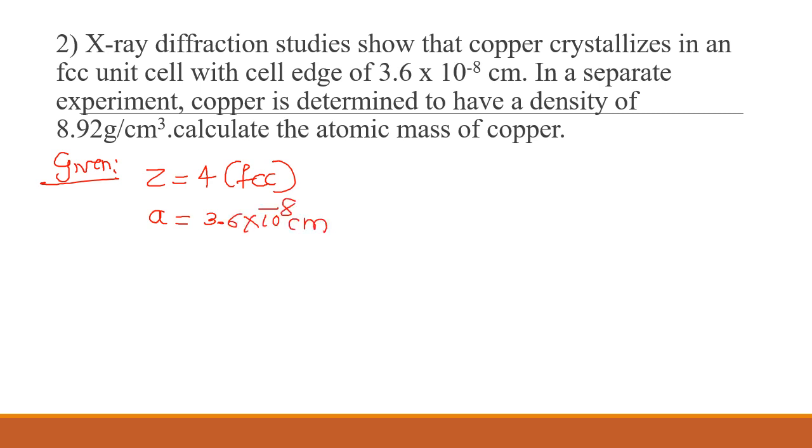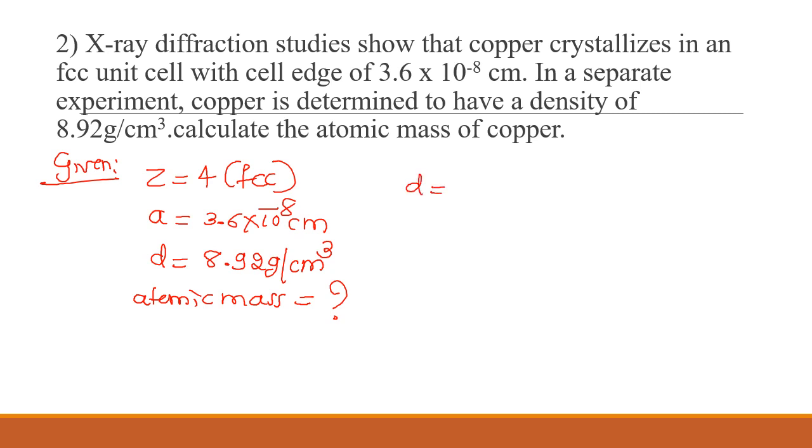In a separate experiment, copper is determined to have a density. Density is also given. Write its symbol, small letter d is equal to 8.92 gram per cm cube. Calculate the atomic mass. Atomic mass is asked, not the molar mass. So let us write the formula.